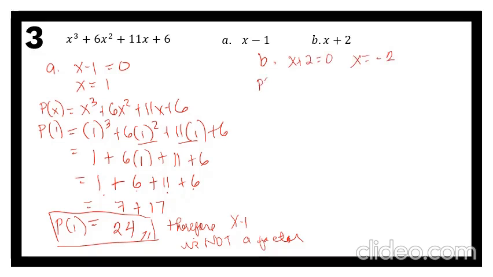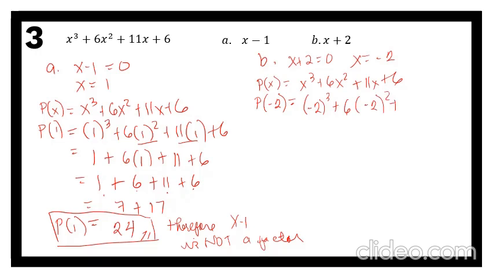Write the given p of x equals x cubed plus 6x squared plus 11x plus 6. Substitute: p of negative 2 equals negative 2 cubed plus 6 times negative 2 squared plus 11 times negative 2 plus 6.